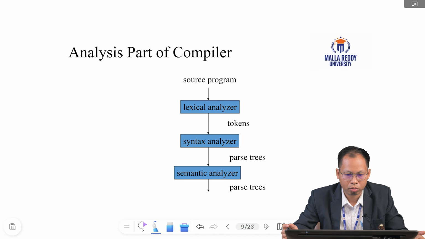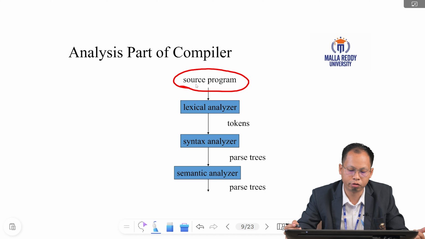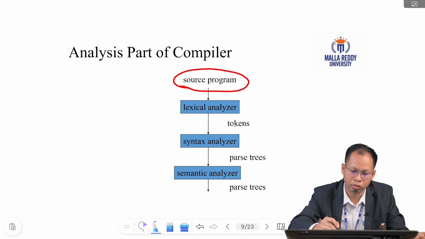Coming to the analysis part of the compiler, as I said before, we have divided the compiler into two parts, analysis and synthesis. The analysis part consists of the first three phases. First, we give a source program to the first phase, the lexical analyzer, where it goes through all those characters and returns the output as tokens.